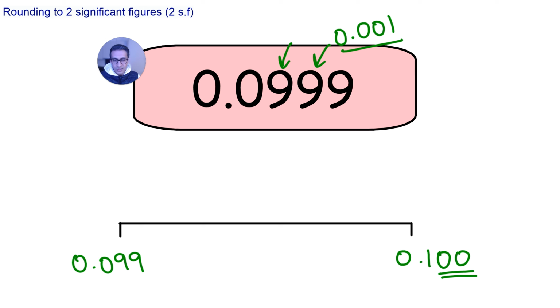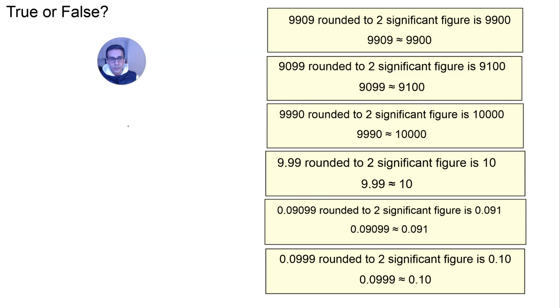So the answer here is a special case. We're going to write this as 0.100. Now normally, like I said, we don't have those, but in this case we have to keep them in there. So that's the answer to 2 significant figures. Okay, so that's why we have a separate video on this, because it's a different seeming method.